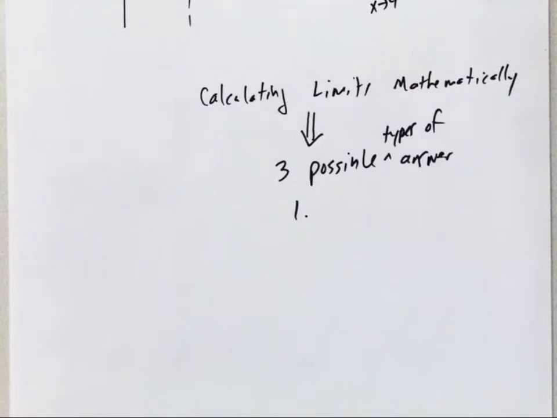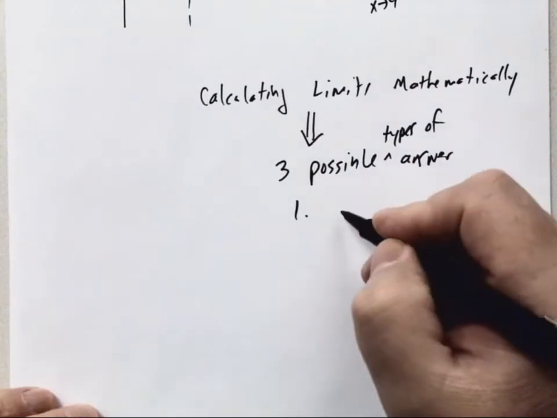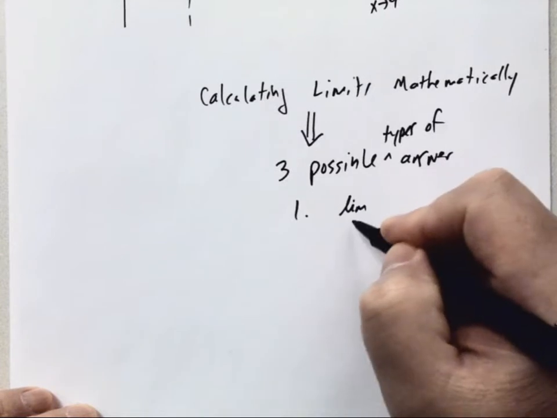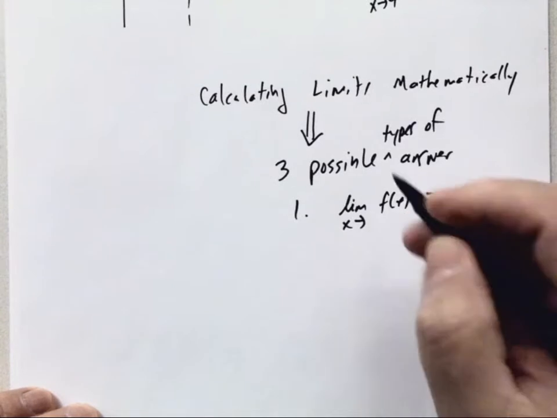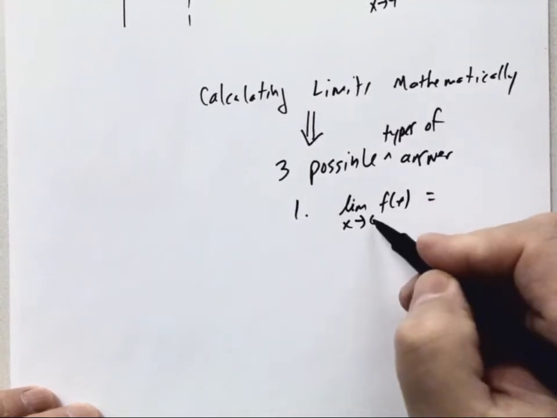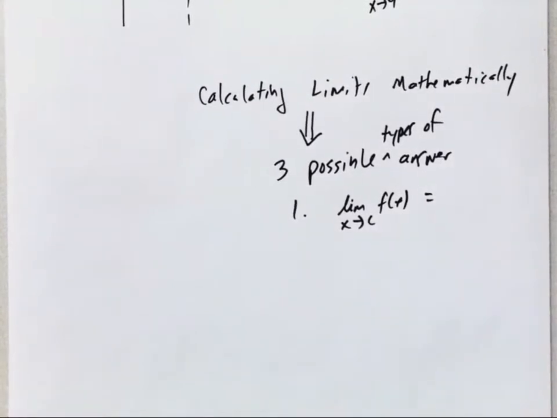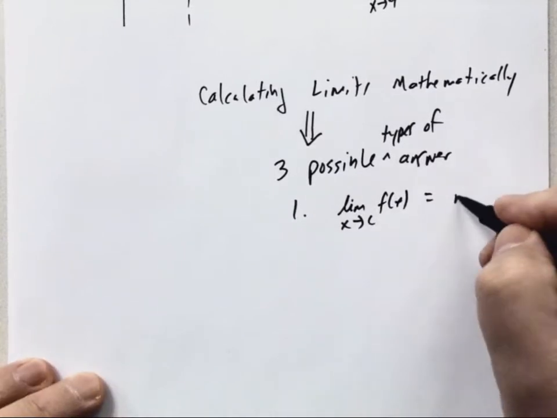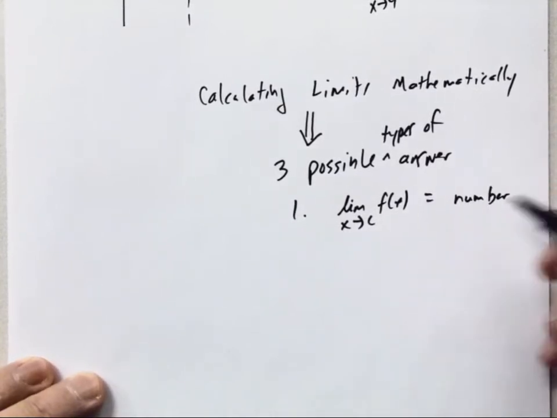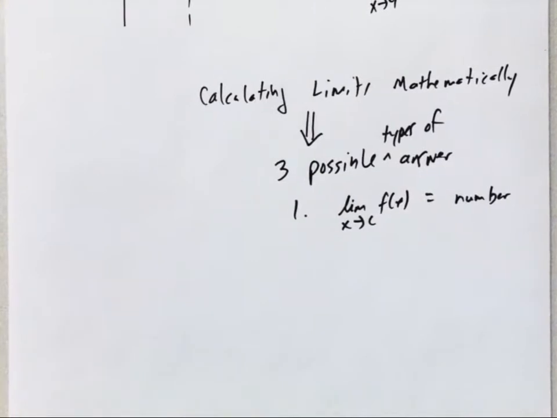One, if you take the limit of a function as x approaches c, c just means a number. Could be 1, could be 5, could be -10. The first thing that happens is you take the limit of a function and it just equals a number. It could equal 1, could equal 7, could equal 3.5, could equal -10. All right, that'll happen.